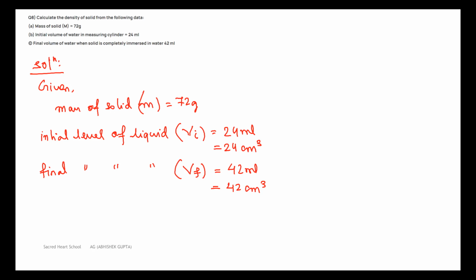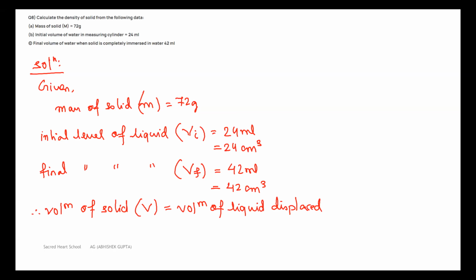Now, in order to calculate the density of solid, we need to calculate the volume of solid. Therefore, volume of solid, which we will denote simply by V, is equal to volume of liquid displaced. Yes or no? This is the liquid displacement method.